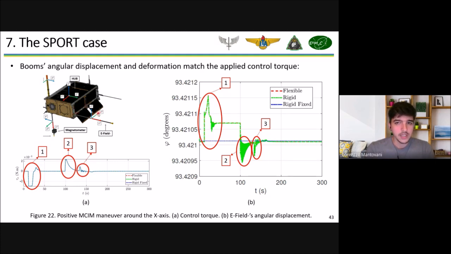If you look at this z-axis, it means that the tip will go backwards, and it will increase the boom's angular position here, and that's what we are seeing in this graphic to the right. The boom's angular position is increasing, and the opposite is also true. So a positive torque applied to the reaction wheel will make the boom decrease its angular position here.